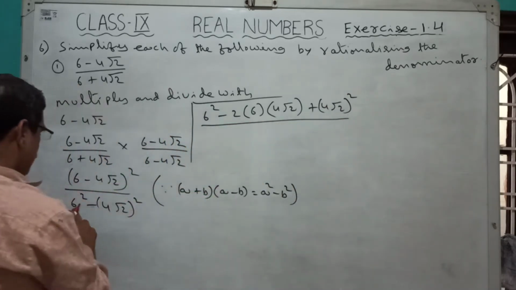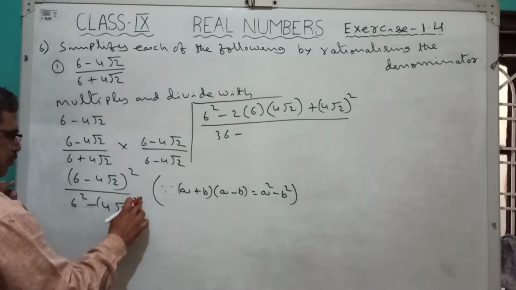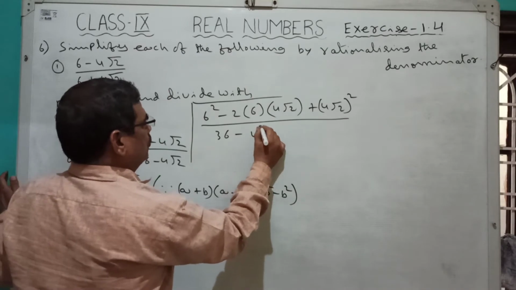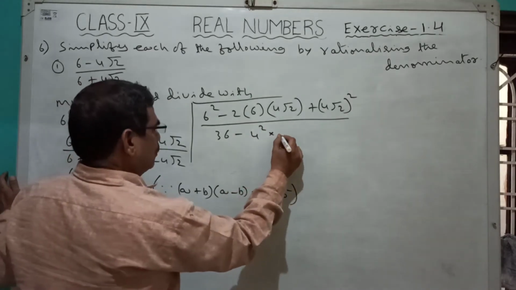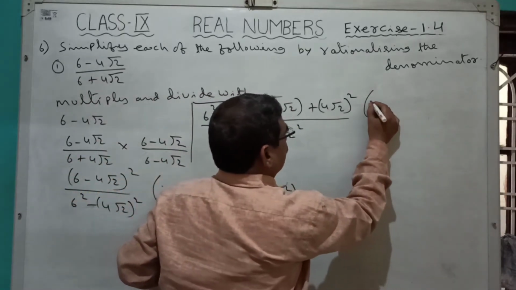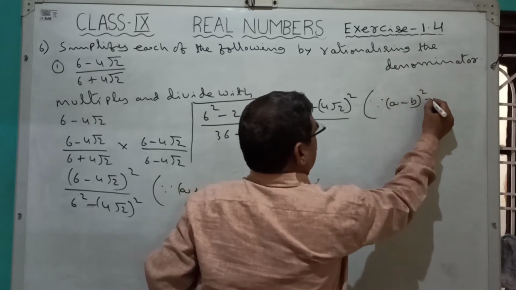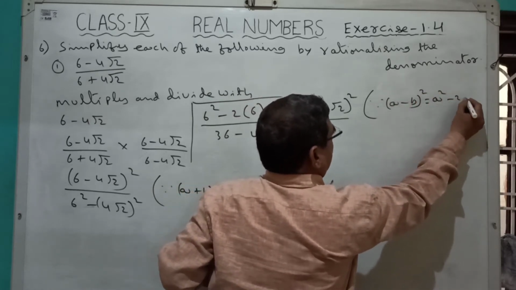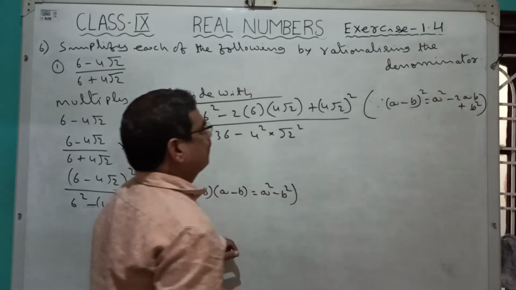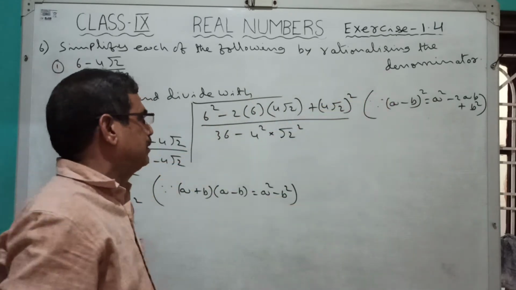Here a square means 6 square, 36, minus 2ab, and b square will come for 4 and also root 2, so 4 square into root 2 square. Here I am using the formula (a minus b) whole square is equal to a square minus 2ab plus b square.